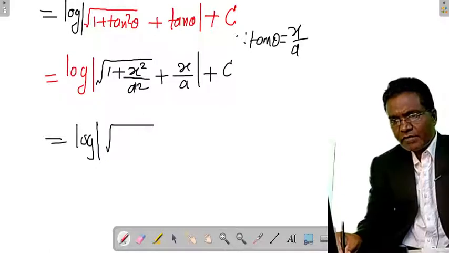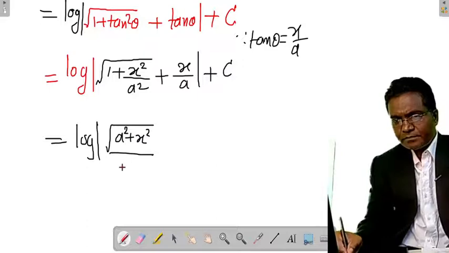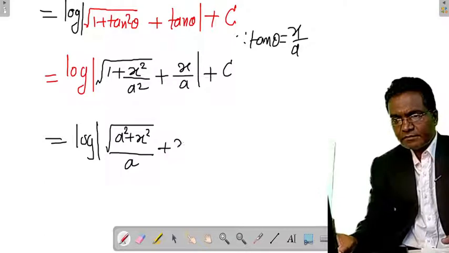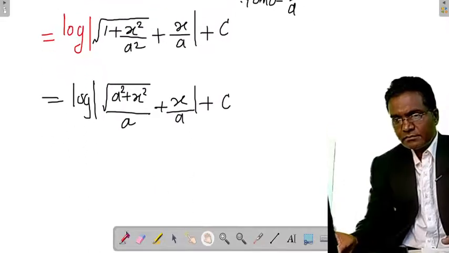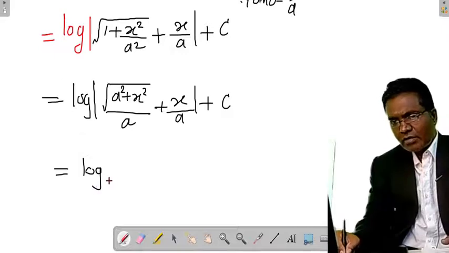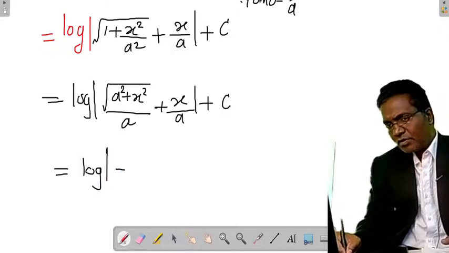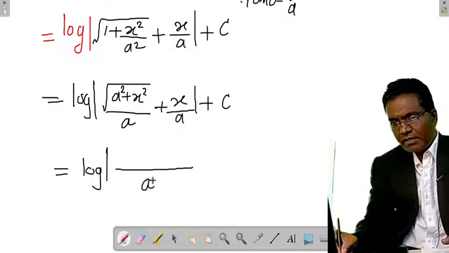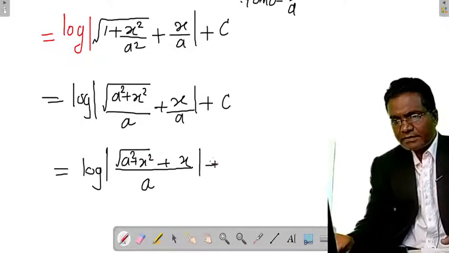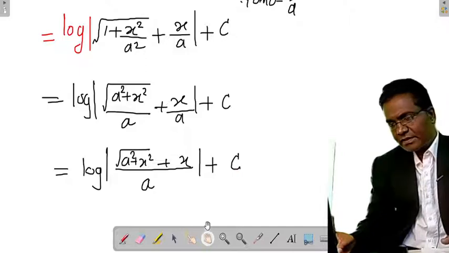It is square root of, you take the LCM here, you will get a square plus x square whole divided by a, because out of the root it is a. Now you can write it as log of, so the common denominator you have is a, it is a square plus x square plus x, plus c.